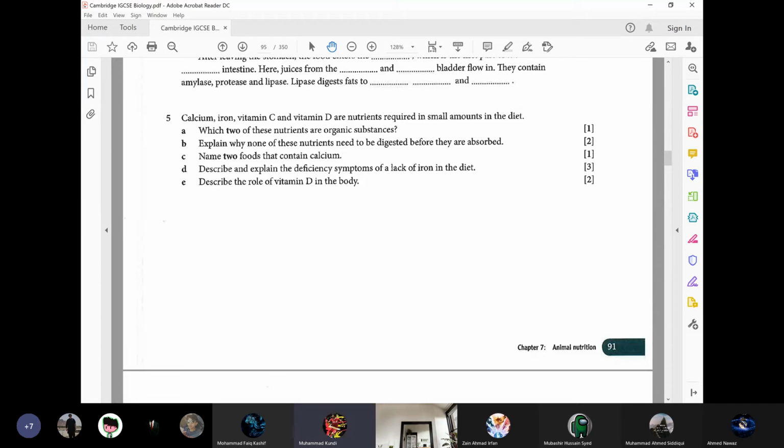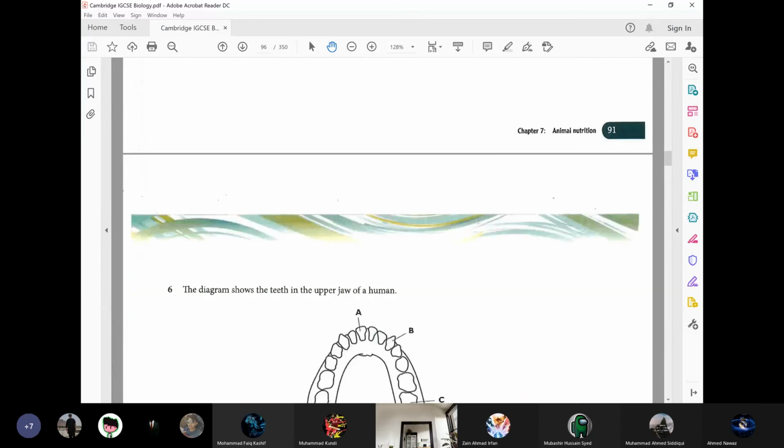And it gives strength to the bone. If there is less vitamin D in the body of young kids, their bones become softer, and if they try to stand on their legs, their leg bones bend, which is called rickets.